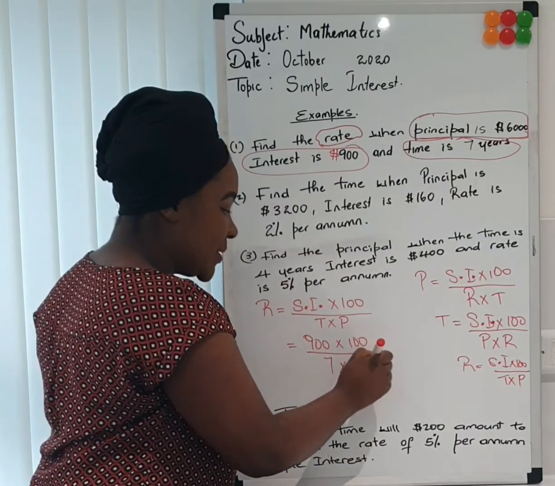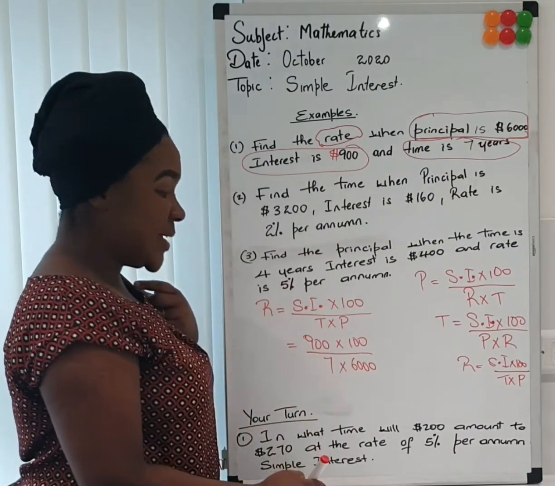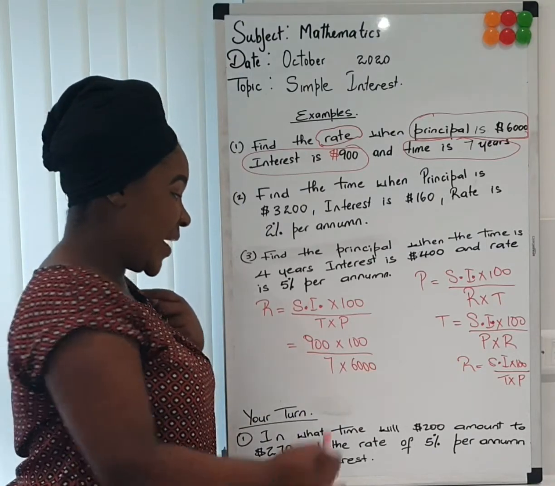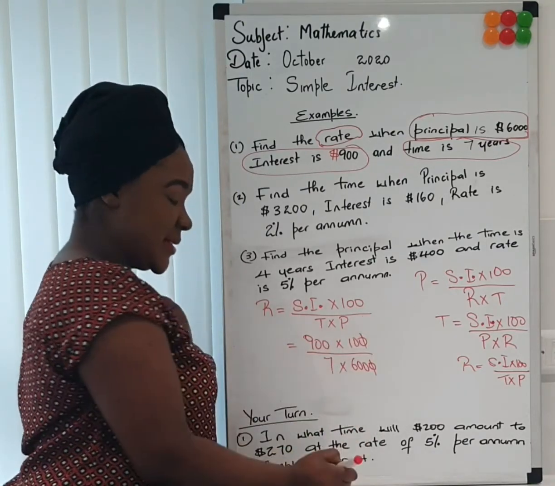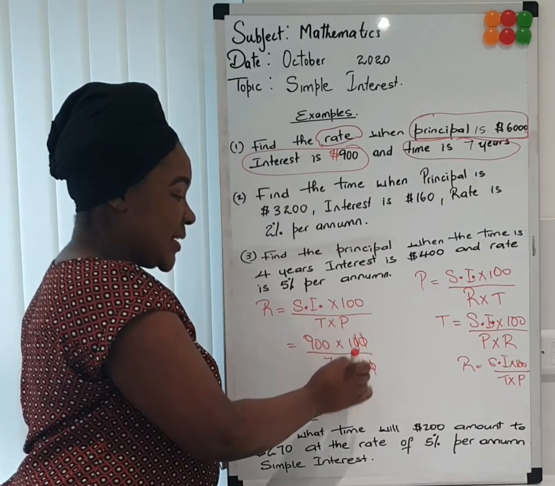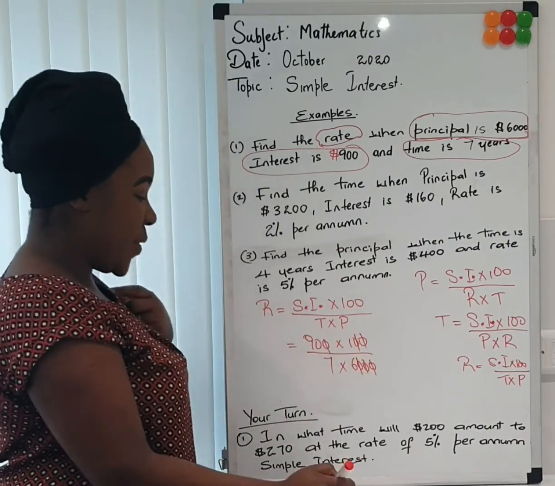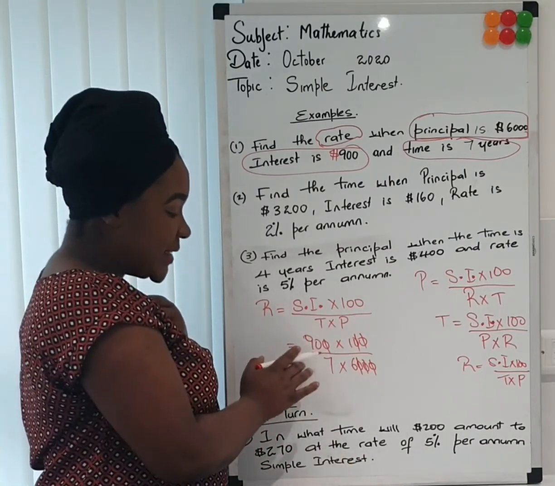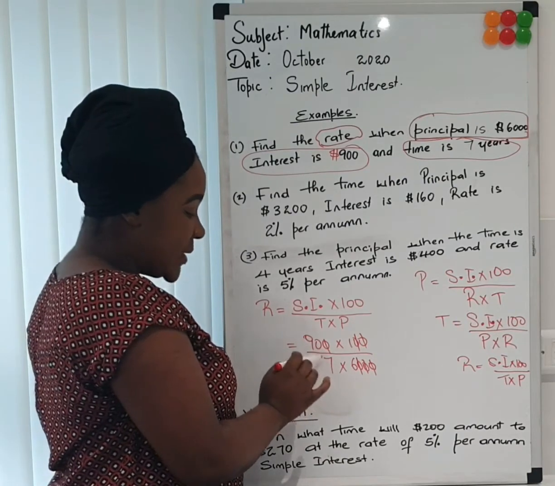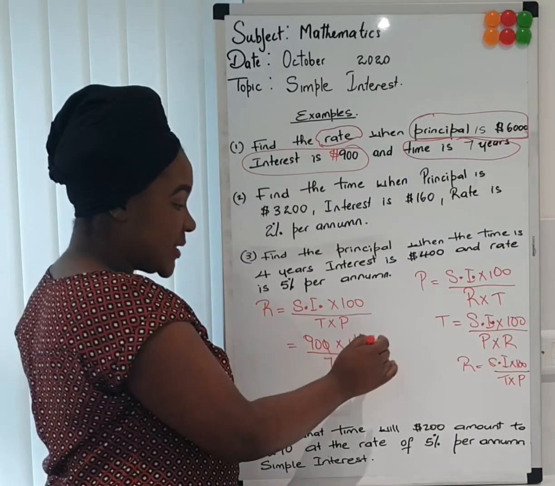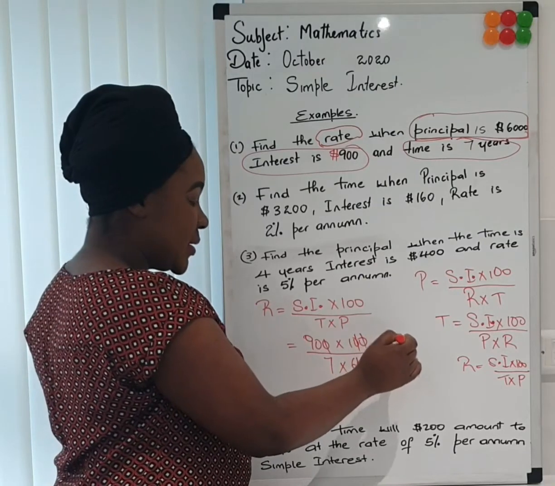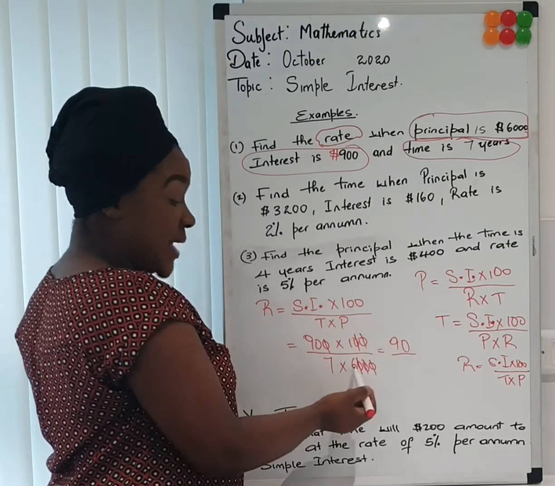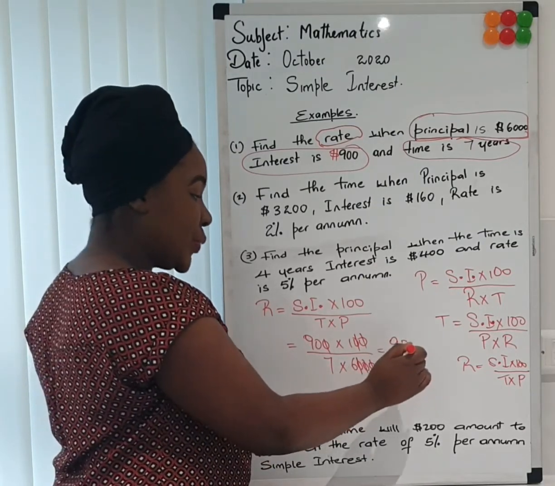So that's times 6,000. Alright, so we're going to go ahead and simplify. So that is 0 cancel 0, 0 cancel 0, 0 cancel 0. Alright, we have 90 here, and we have 7 times 6. So 90 over 7 times 6, that's 42.